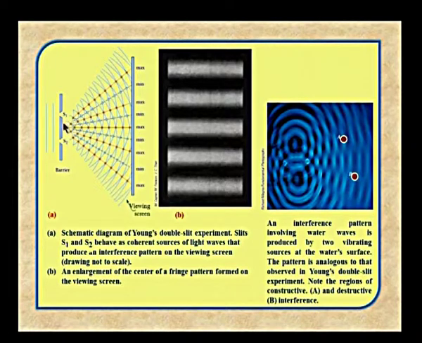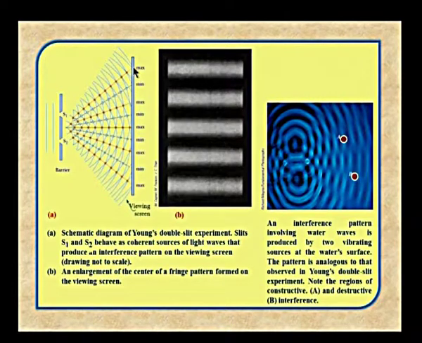The light coming from S1 is spreading like this, S2 will be spreading in this direction, and when a crest meets a crest, you get maximum displacement, maximum amplitude or intensity. When a crest and trough meet each other, the resultant intensity will be 0, so you got darkness, a dark band.